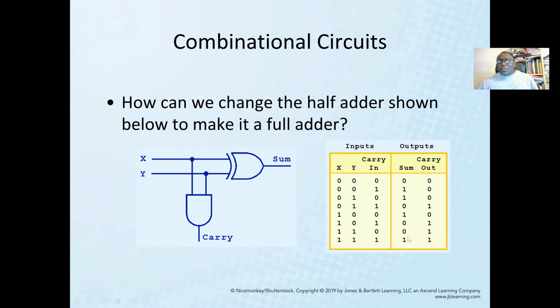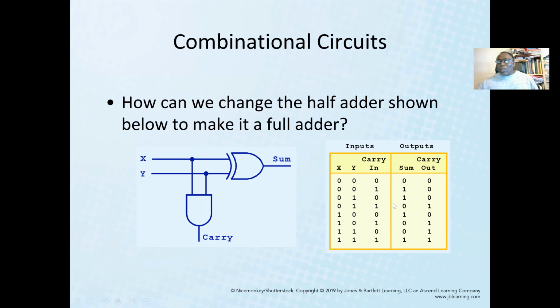So we can see that when we have 0, 0, and 0, we get 0. 0, 0, and 1, we get 1. 0, 1, 0, we get 1. Now 1, 1, and 1, we get 1, carry 1.